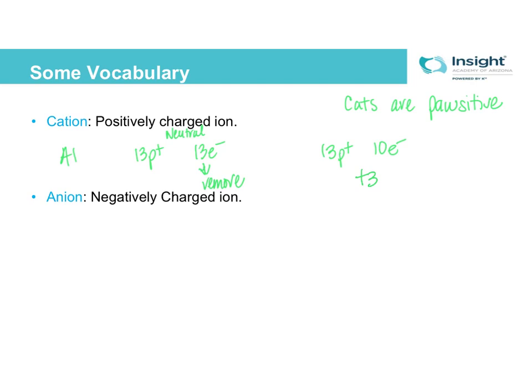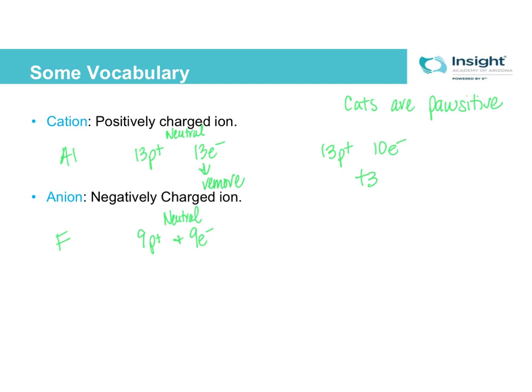All right, so a negatively charged ion, let's say like fluorine. Fluorine forms a negative ion. It has 9 positive protons and 9 negative electrons when it's neutral. Now, how do we make a negative ion?